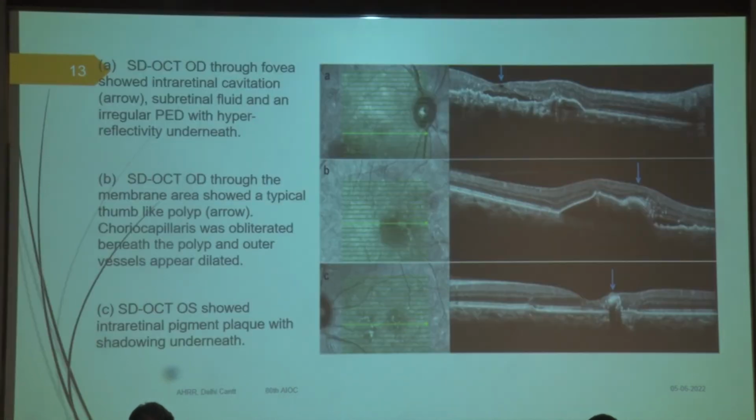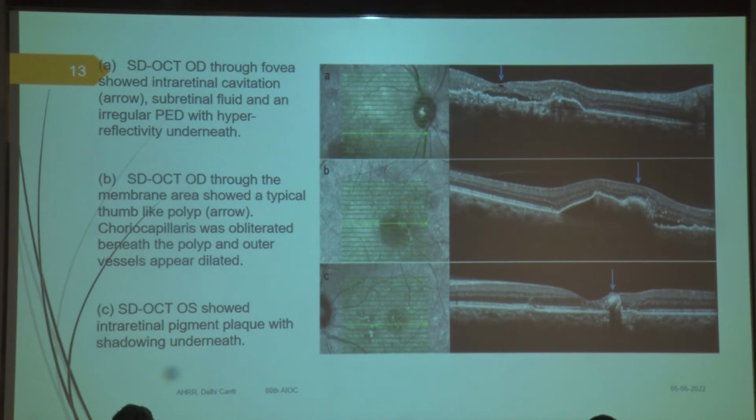We have reported that macular telangiectasia is associated with PCV, and in this particular case we can see that the SD-OCT passed through a polyp-like membrane, while on the lowermost OCT we saw this intraretinal pigment plaque.